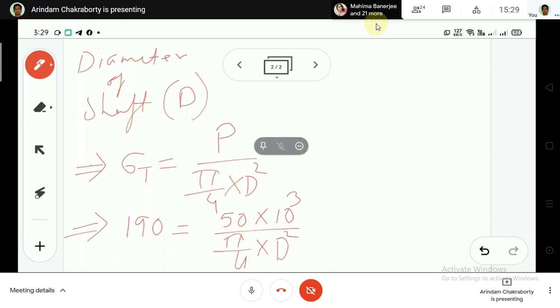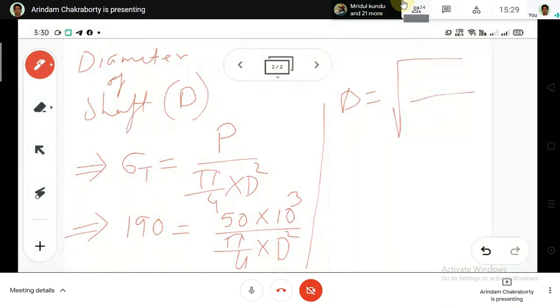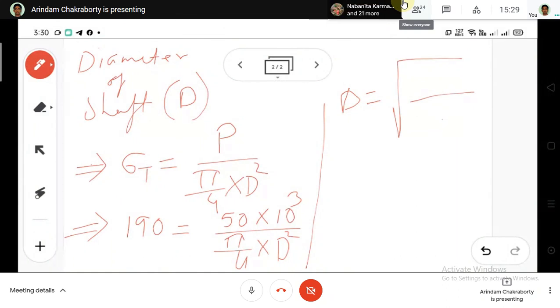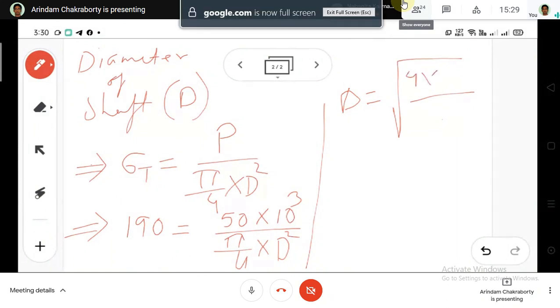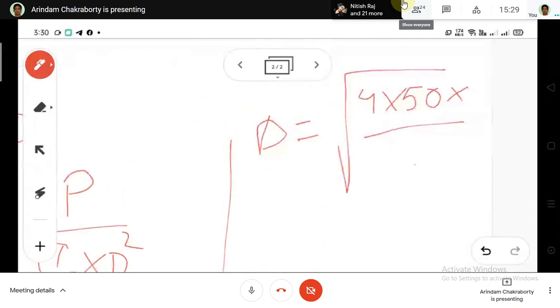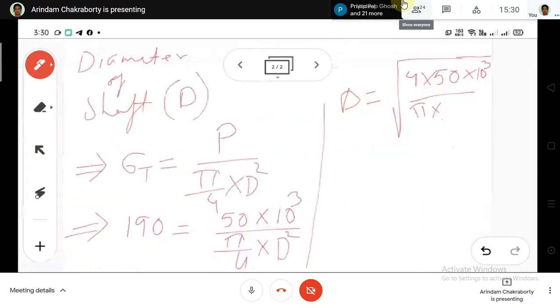Now D is equal to root over 4 into 50 into 10 to the power 3 by pi into 190.